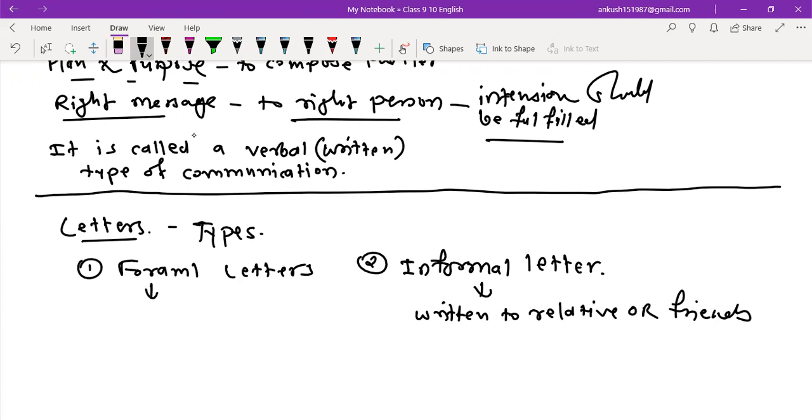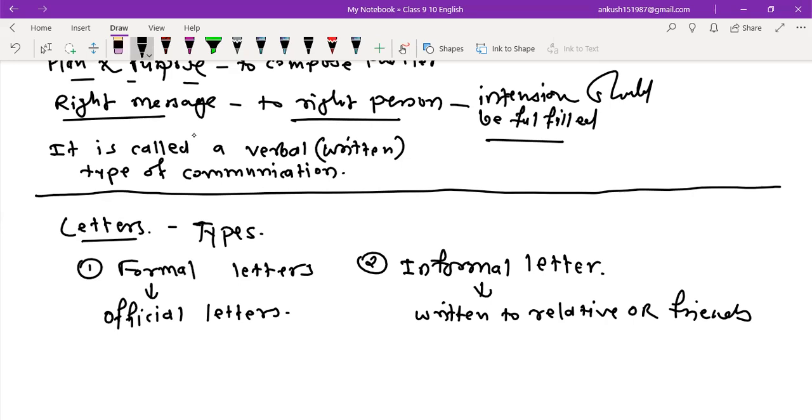Formal letters are official letters, which we write to the authority, to the editor. Sometimes we raise a complaint, sometimes we inquire about something. At that time we write official letters, and those letters are categorized as, sorry, I have written here, one second, the spelling has gone.